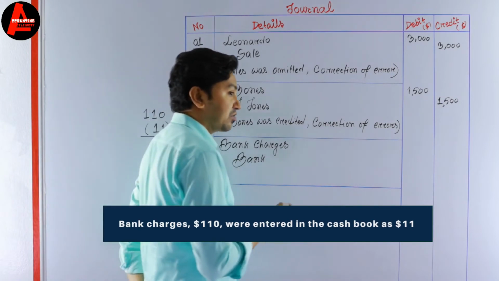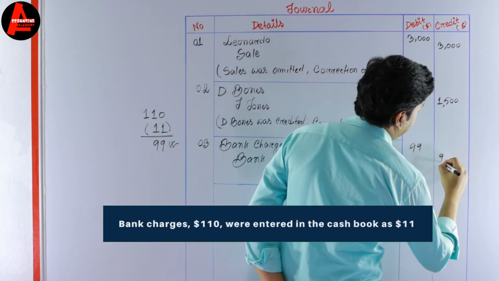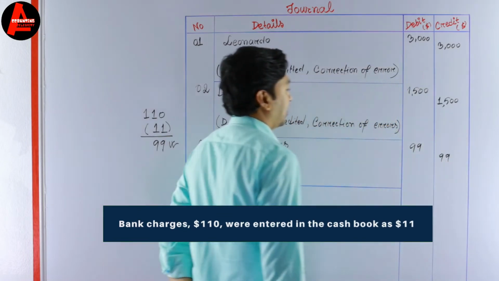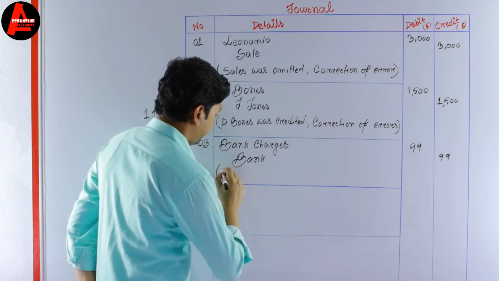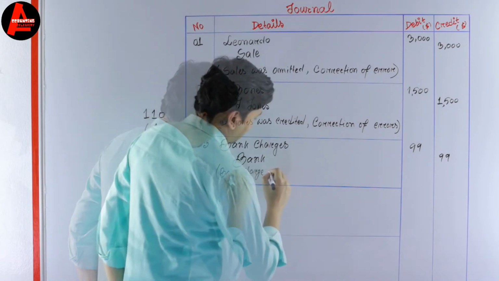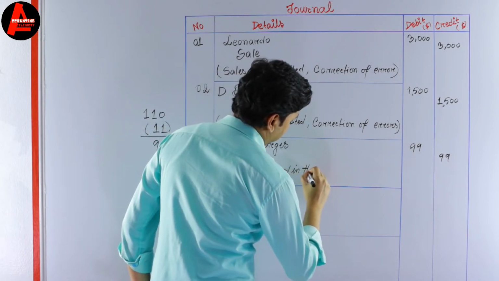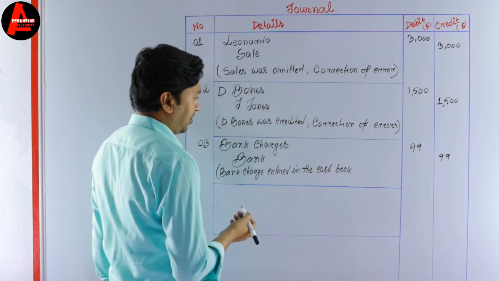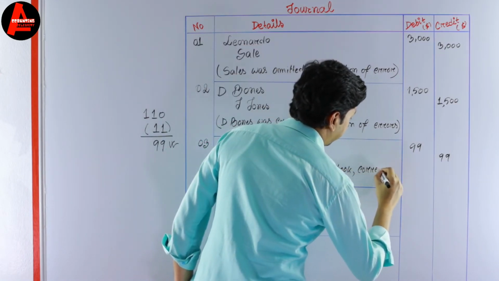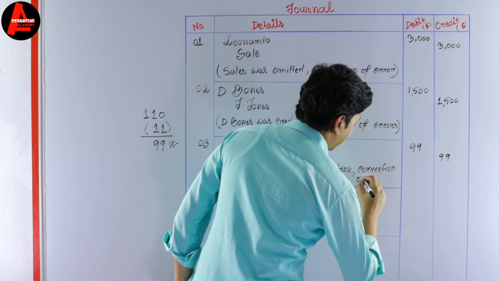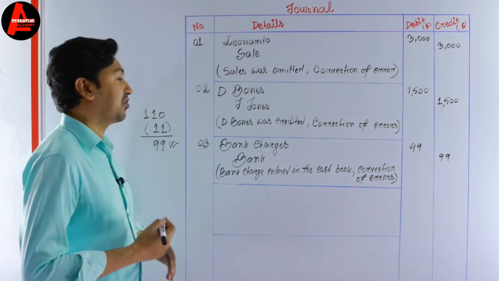So let us write here $99 debit and $99 credit. So now what to write? We can write here bank charge entered in the cash book. So what we did, we corrected, so we write correction of errors. Great. Third one is done.